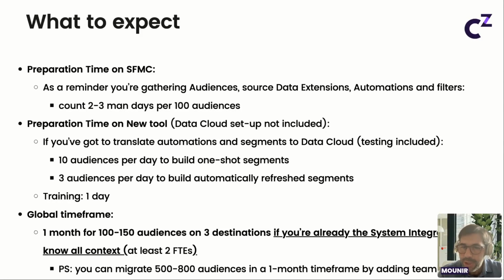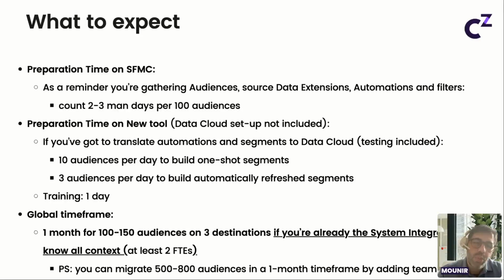For the preparation time on the new tool, without the setup of Data Cloud, I mean data streams and so on, just the Data Cloud audiences and the related segments, you've got to count about 10 audiences per day for the one-shot segments that are pretty easy. These ones, they will build once. You have the filters available and you just create it and push it.